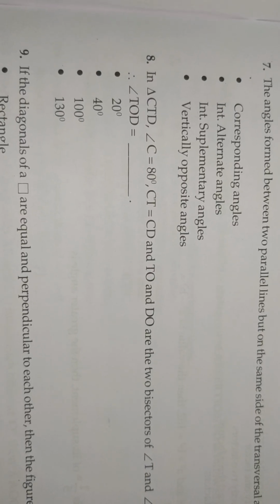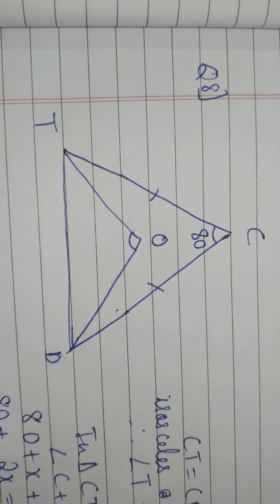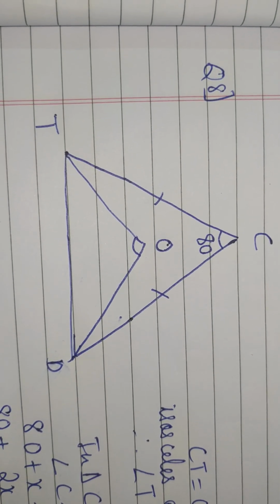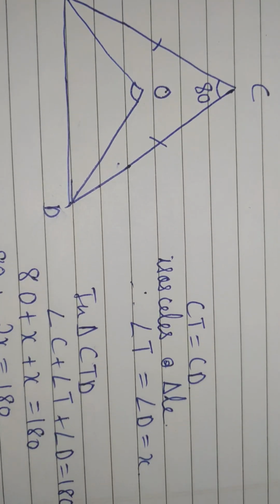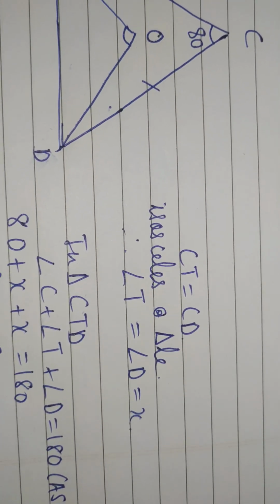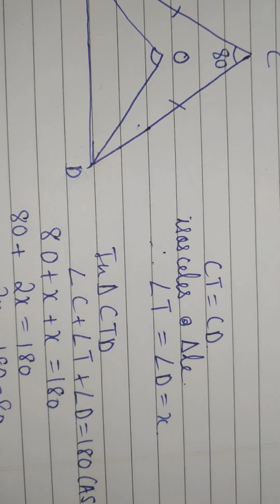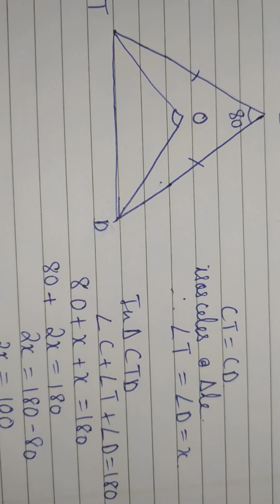For this I will need to draw a diagram so that you all can understand better. I have drawn the diagram. It is given that CT is equal to CD, so it is an isosceles triangle. Two sides are equal, so the base angles will also be equal. Angle T is equal to angle D, so I am taking it as X.